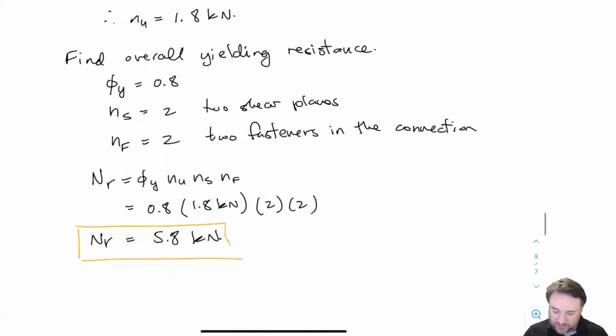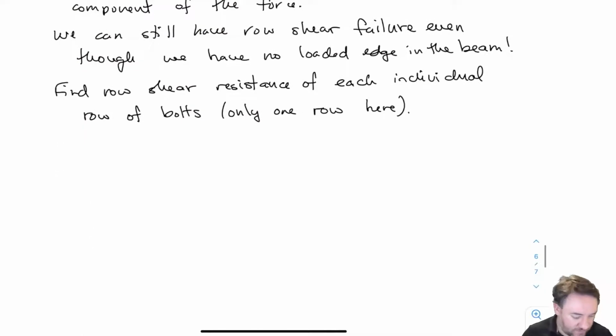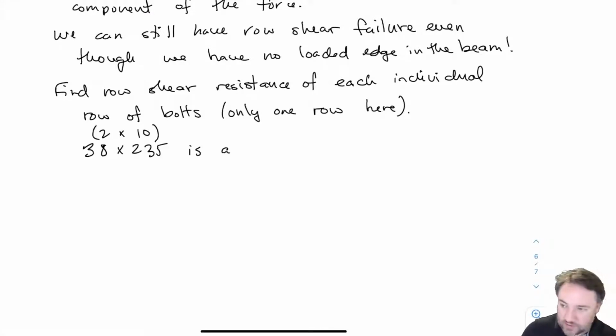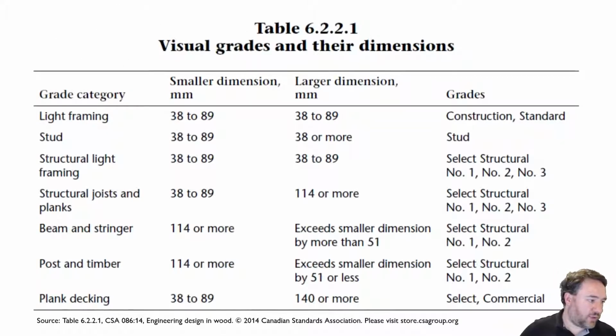Okay, so here is the section that we're dealing with for the beam. We are dealing with a 38 by 235 SPF number 2. If I go all the way back to what we learned at the beginning, I have 38 by 235, which means it's a structural joist and plank category.